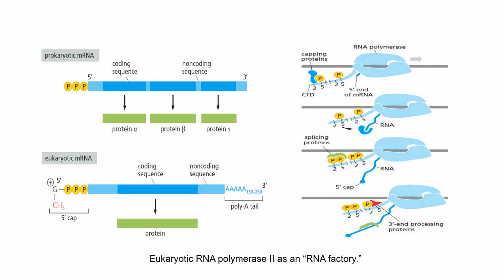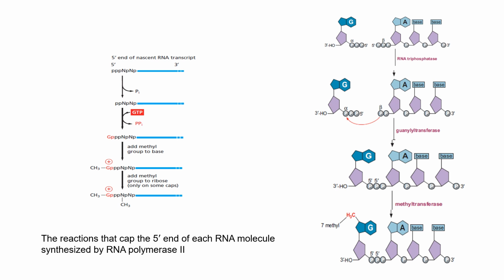Now we will take all of these RNA processing steps one by one. In this video, we're going to discuss the 5' capping. Let's understand this reaction first. The capping requires three enzymes. The first one is RNA triphosphatase, the second one is guanylyl transferase, and the third is methyl transferase.